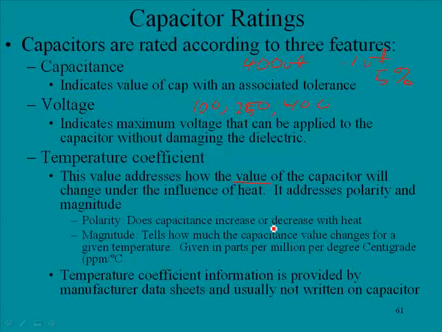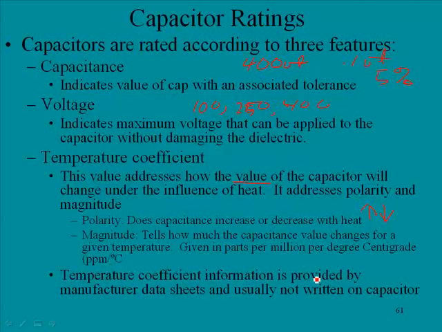Polarity has to do with, well, does the capacitance go up or does it go down with the influence of heat? Because there are different types of capacitors, it can go either way. Then the magnitude tells how much the capacitance value changes for a given temperature, and this is given in parts per million per degree centigrade.